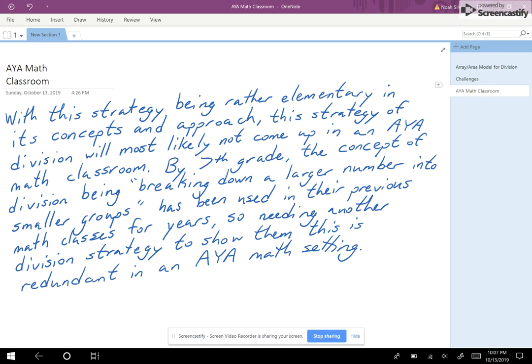So having another division strategy to show them this same concept of division being breaking it down into simpler groups is redundant in a way, in a math setting. In terms of curriculum, nothing really calls for it because it's simply just too simple.